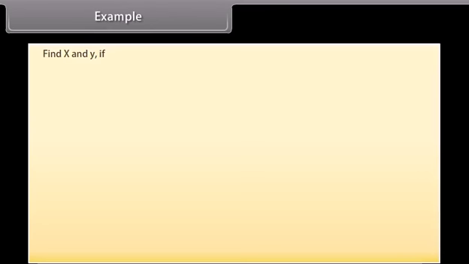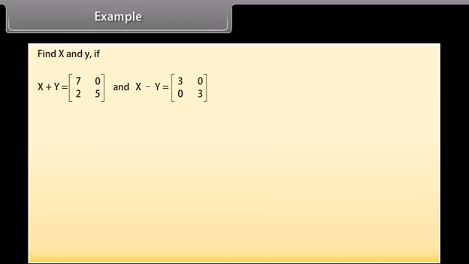Example. Find X and Y if X plus Y is equal to the matrix row-wise first row 7 0, second row 2 5, and X minus Y is equal to the matrix row-wise first row 3 0, second row 0 3. Solution.